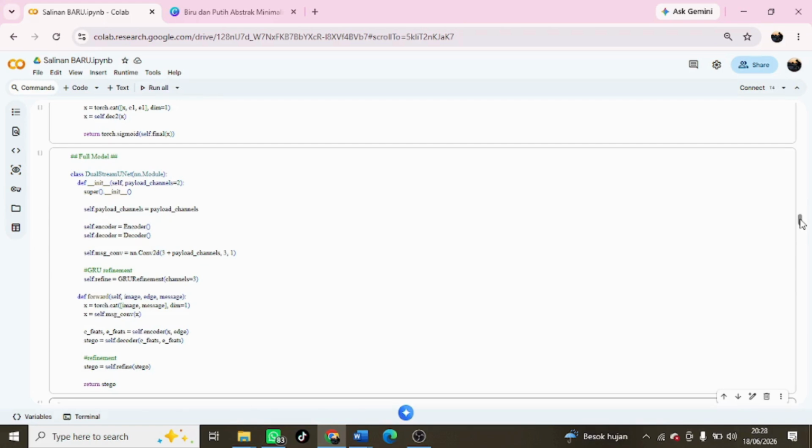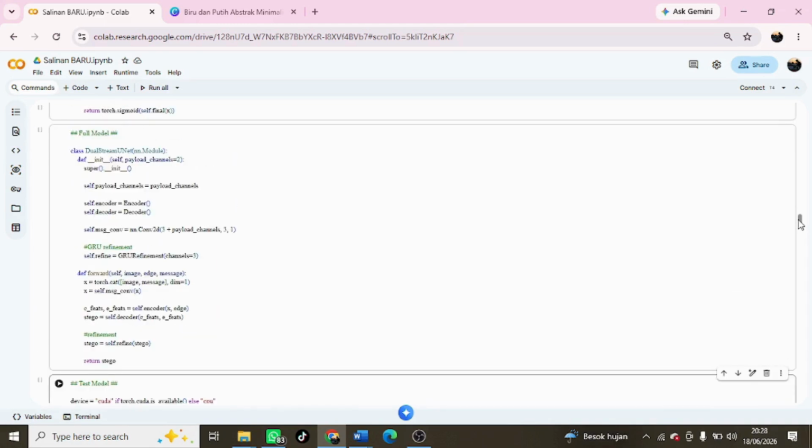Once the encoder and decoder have been built, the next step is to combine all the components into a single complete model called dual stream UNet. In this section, the cover image, the Sobel filtered edge image, and the secret message are processed simultaneously to produce the stego image as the final output. In the study, the main model used is dual stream UNet.